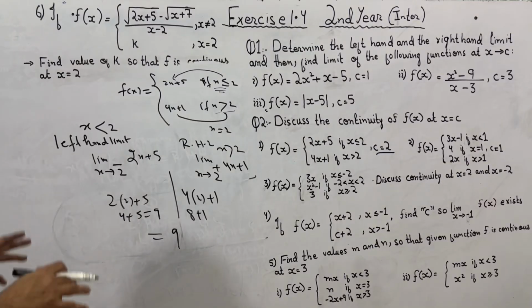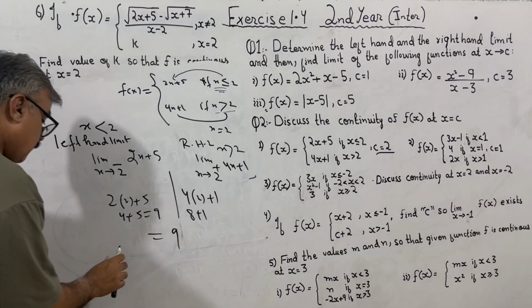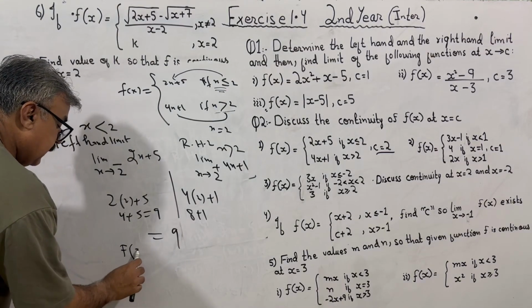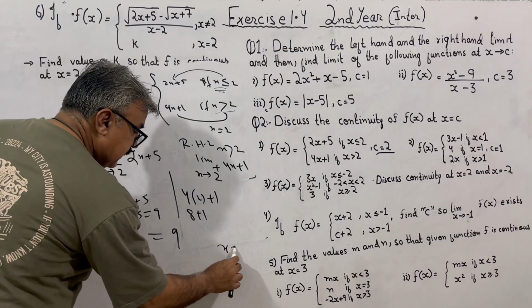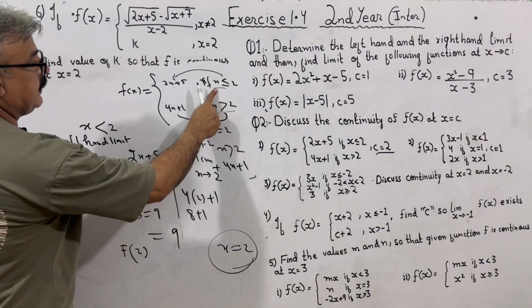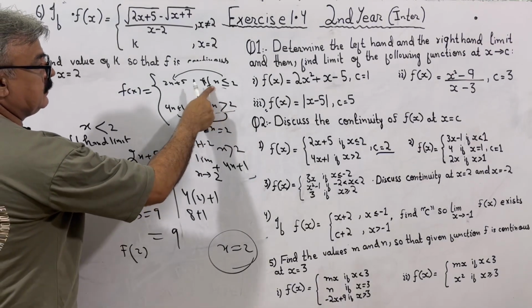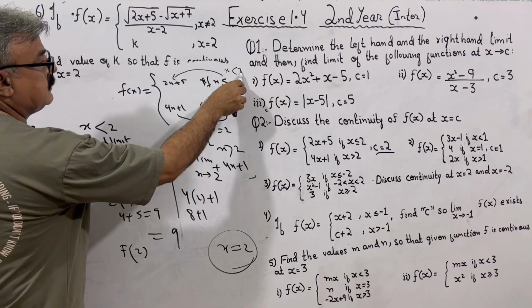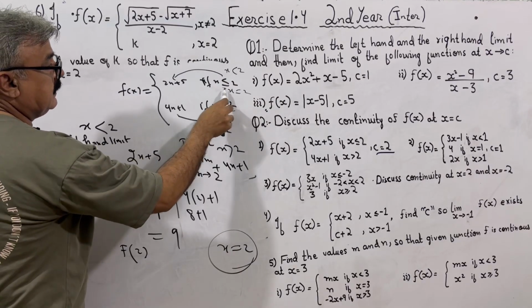What about the function value? How to find the function value? Function value at x equal to 2, exactly x equal to 2, lies where? Just look here: less than or equal to. There is x less than 2 as well as x equal to 2 in that inequality.